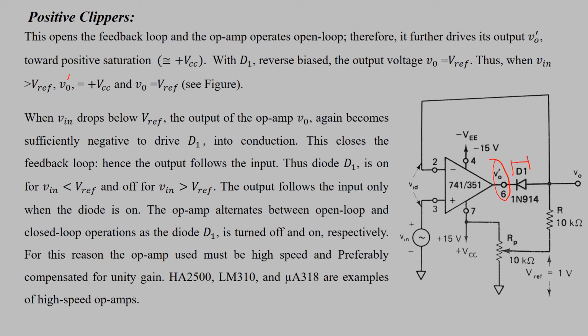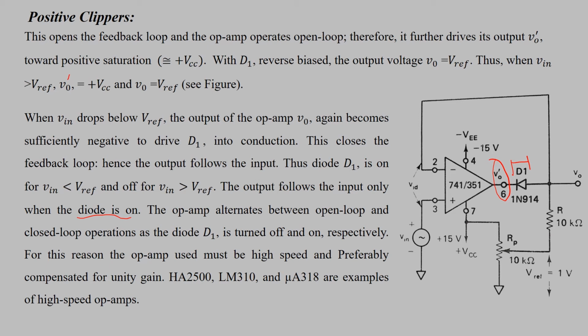So the output follows the input only when the diode is on. The op-amp alternates between open loop and closed loop operations as D1 is turned off and on respectively. For this reason, the op-amp must be high speed and preferably compensated for unity gain.